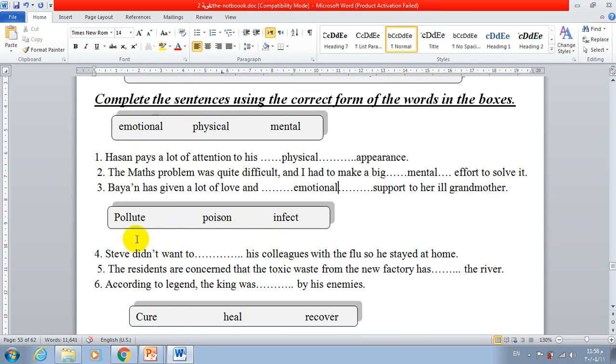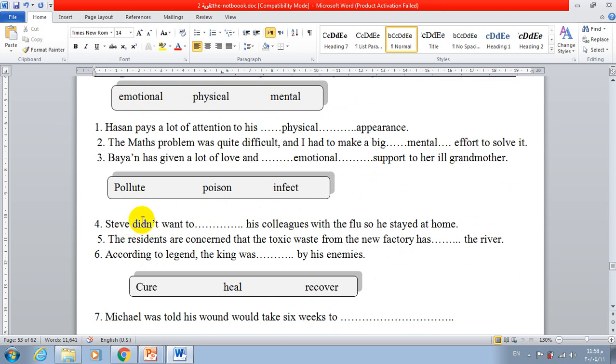There is another box with 3 words: pollute, poison, infect. And number 4, Steve didn't want to infect his colleagues with the flu, so he stayed at home. What is the right answer? Good. Infect. He doesn't want his colleagues to catch the flu like him.